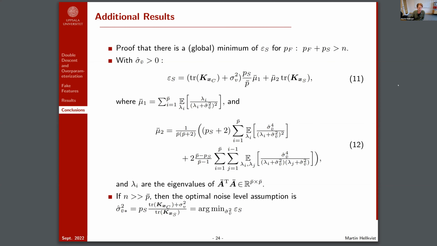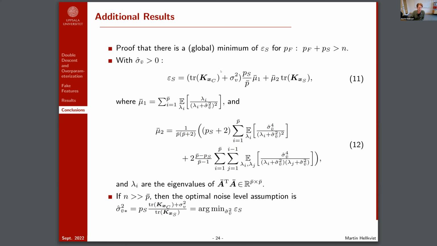I think before we open the floor, I want to also give some special mentions to some of the results that didn't make it into the main part of the presentation. The first one being that we actually proved that there is a potentially global minimum of the error in the overparametrized regime. So as you saw on the curve, we can actually prove that it will always exist.